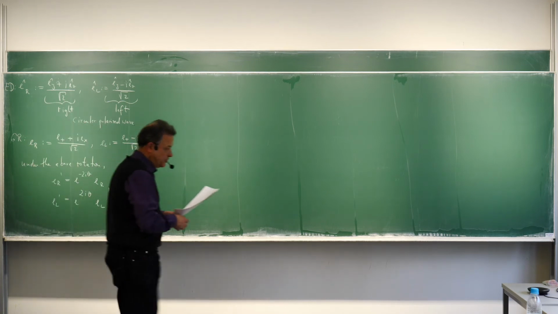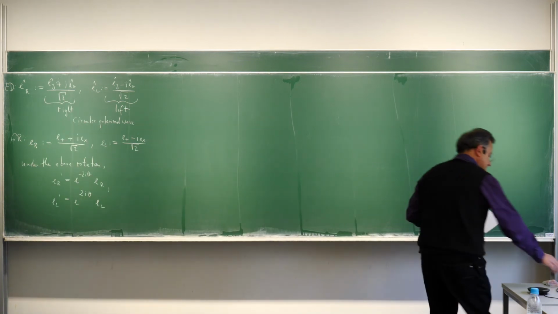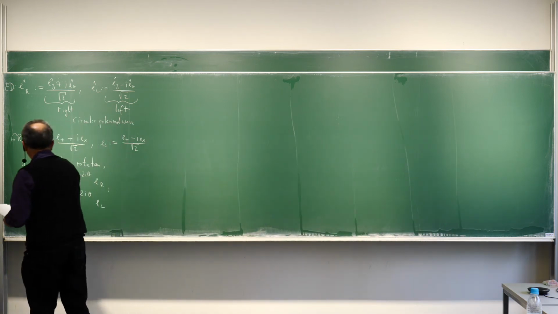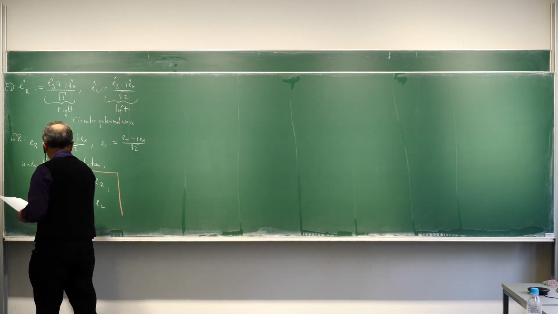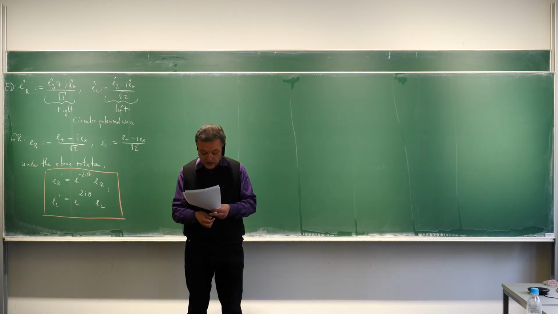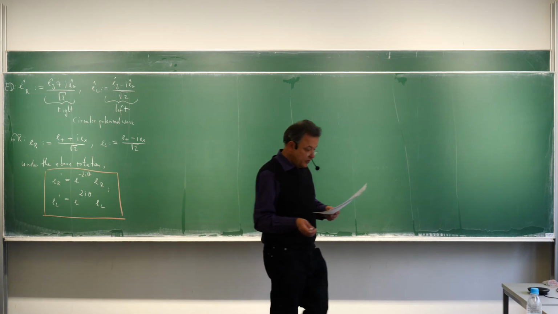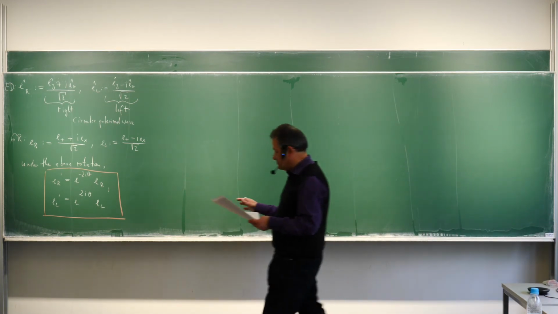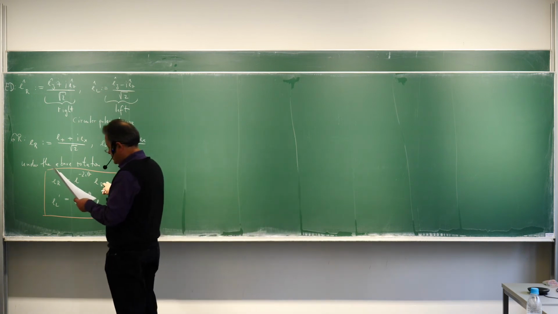So that's an important result, that the circular polarized states transform in this easy manner just by a phase, and the phase contains the angle 2 theta. Which means that the ER describes a rotation, clockwise.